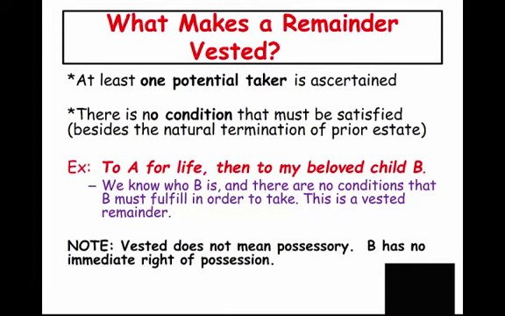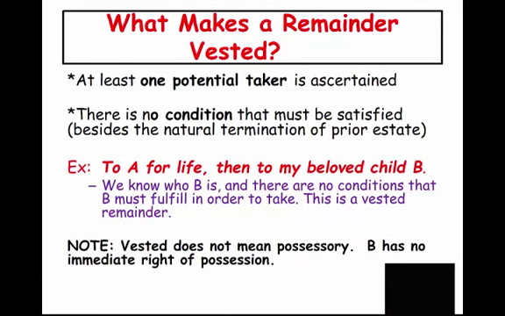So the example would be to A for life, then to B. We know who B is. B is a person named Betty or Bernard or whatever. And there's no condition that B has to fulfill in order to receive the remainder. B just waits for A's life estate to end, and then B takes the remainder in fee simple. This is a vested remainder.